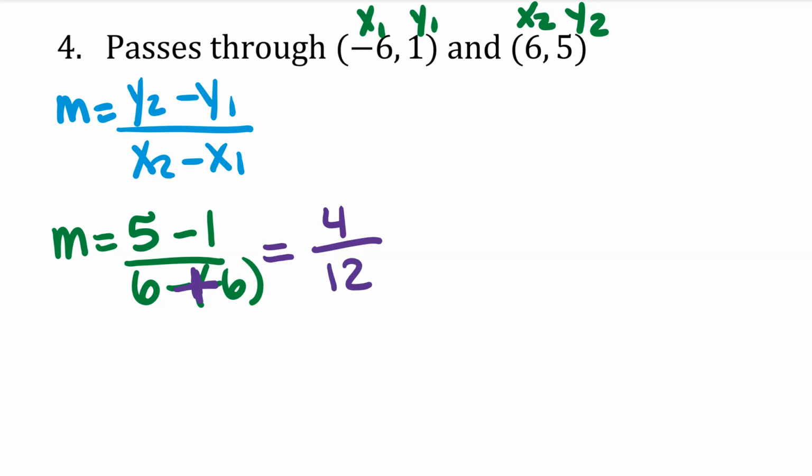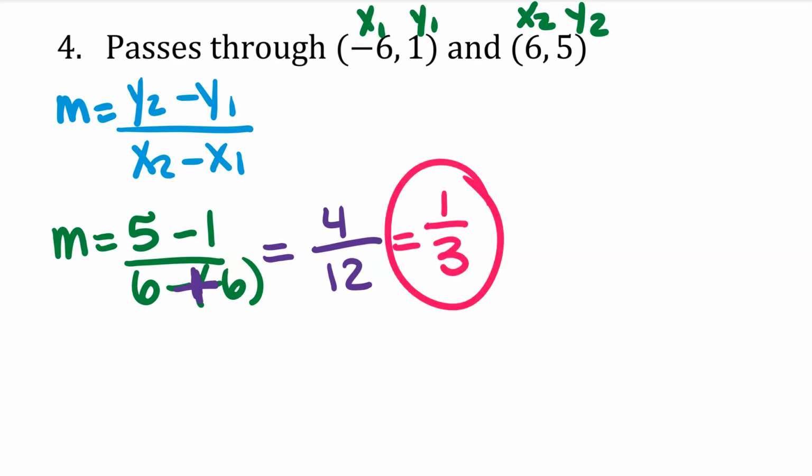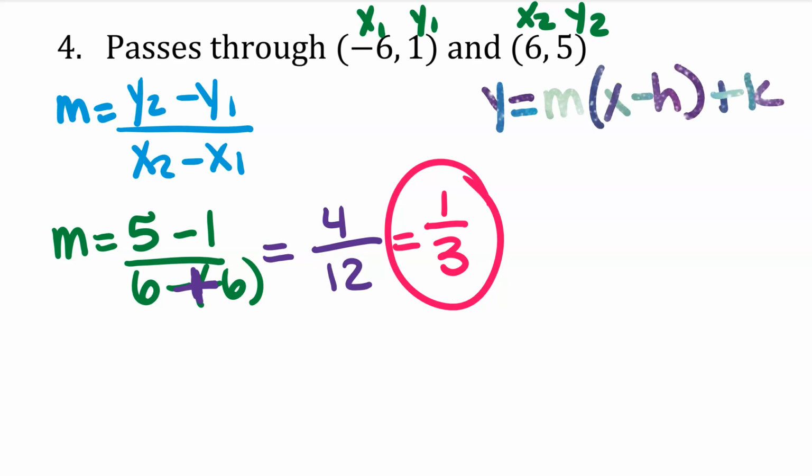Now, I don't really want to distribute 4 over 12, so I'm going to make this a better number, right? They can both be divided by 4, so 1 over 3. That's going to be my slope when I use HK. Remember HK, right? y equals m times x minus h plus k.